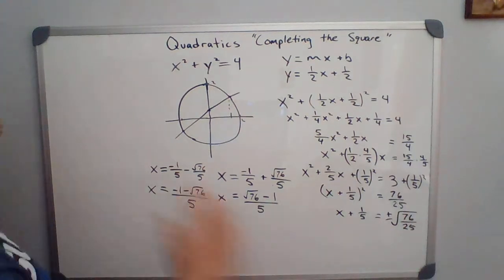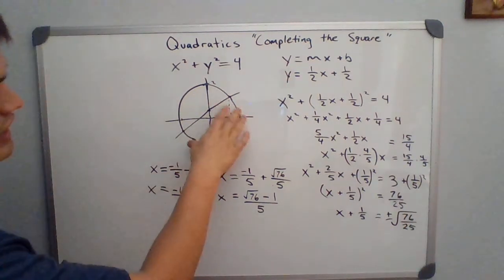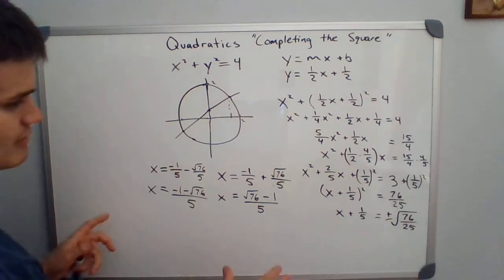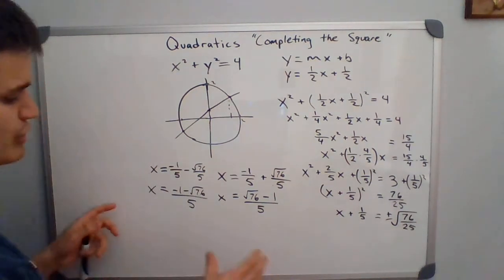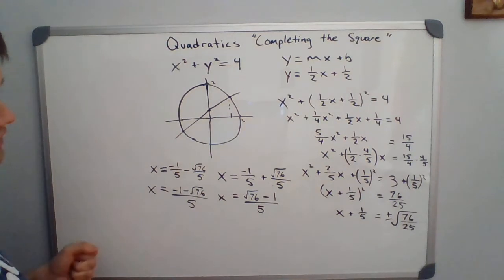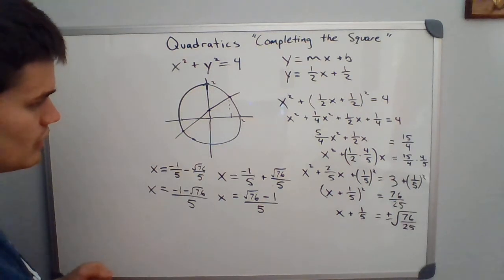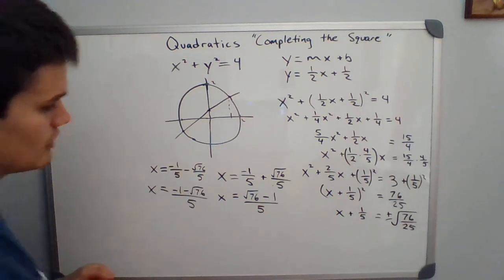This is one application of completing the square, the intersection of a line and a circle. And generally you're not going to get rational numbers here, but you can get some rational numbers, it just depends.